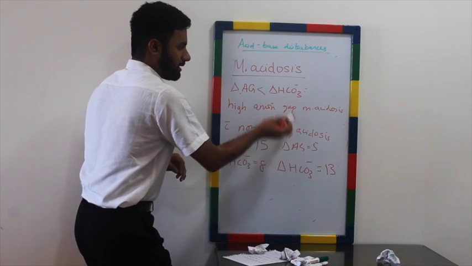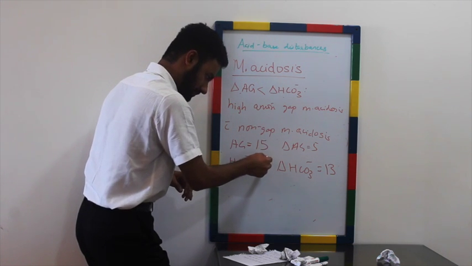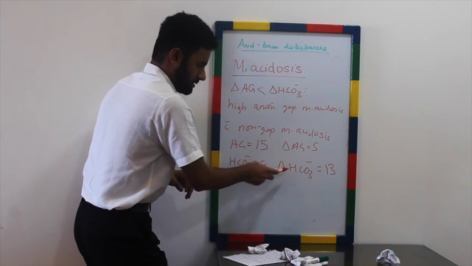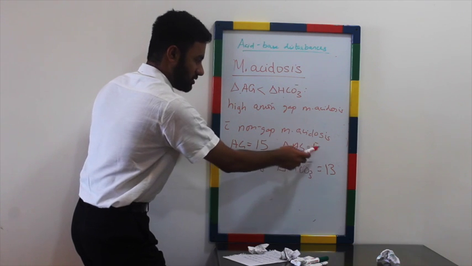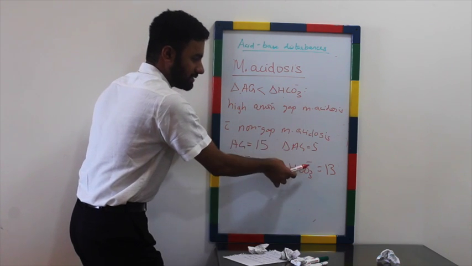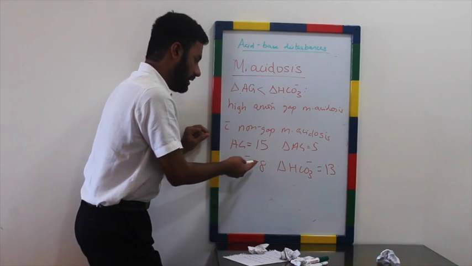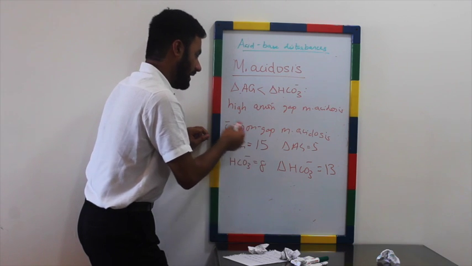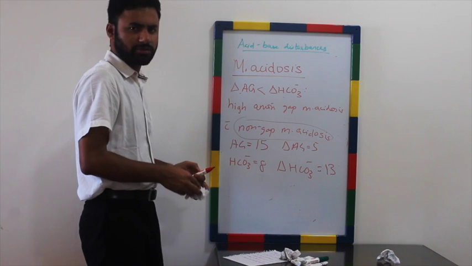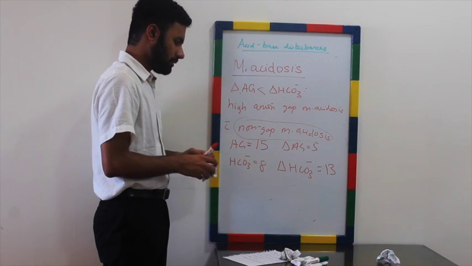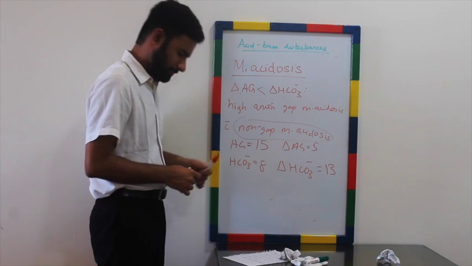So the delta bicarbonate is greater than delta anion gap. There is something else that is bringing the bicarbonate down. This delta bicarbonate should have been 5, but there is something else causing the bicarbonate to decrease, and that is a non-gap metabolic acidosis. A classic example of this would be a patient with diabetic ketoacidosis on treatment.